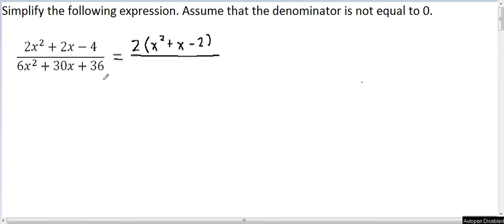If we look at the polynomial in the denominator, we see that 6x squared, 30x, and 36 all have 6 in common. So we can factor 6 out from the polynomial in the denominator, and that leaves us with x squared plus 5x plus 6.